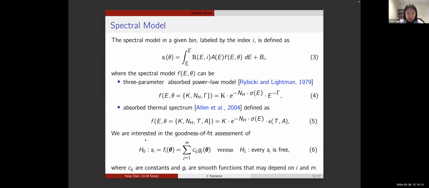But given that we try to simplify our framework, saying that we're only interested in the goodness of fit assessment of something that's parameterized by theta, which is a finite summation, and we're interested in seeing whether this spectral model fits the data very well versus the alternative, which is each of the SI is a free parameter. So that's the mathematical setup that we'll be working on for the rest of the talk.